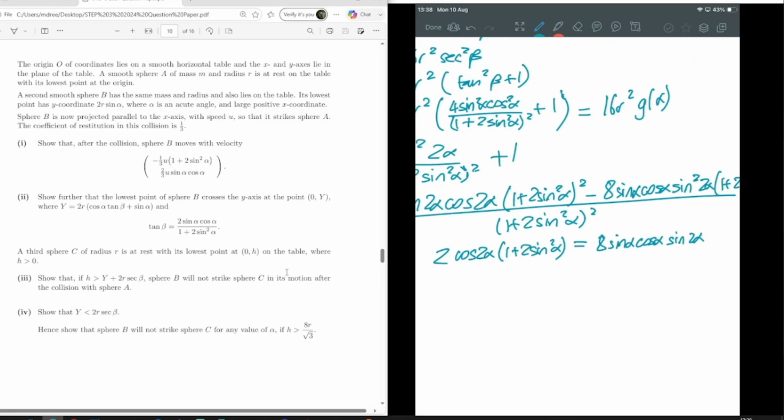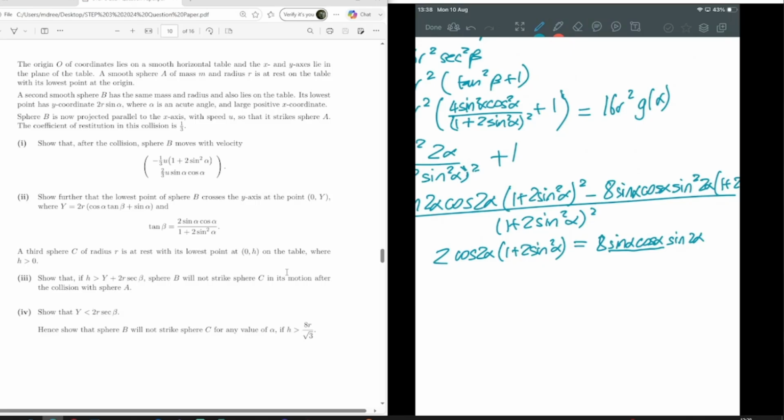I would have quite liked more things to have cancelled out. Certainly there's a 2 that can cancel. I can write this as sine squared 2 alpha. I could rewrite everything in terms of 2 alpha almost. We do have a relationship for sine squared turn into cos 2 alpha.